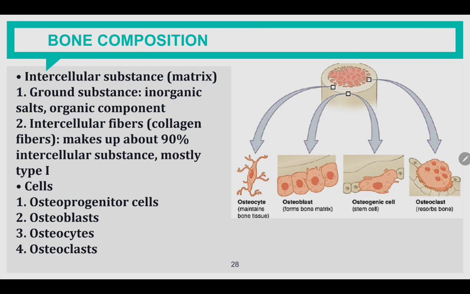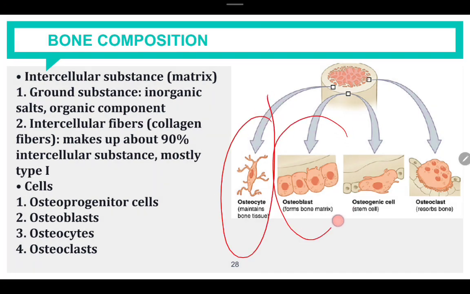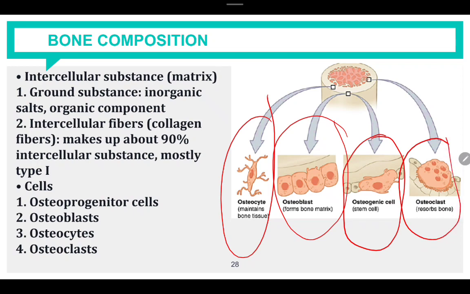The cells, however, are apat sila: the osteoprogenitor cell, the osteoblast, the osteocytes, and then the osteoclast. Ito yan sila. We have the osteocyte, which maintains bone tissue; osteoblast, which forms the bone matrix; the osteogenic cell, which makes it all, di ba? The osteoclast, which is the macrophage that resorbs bone.